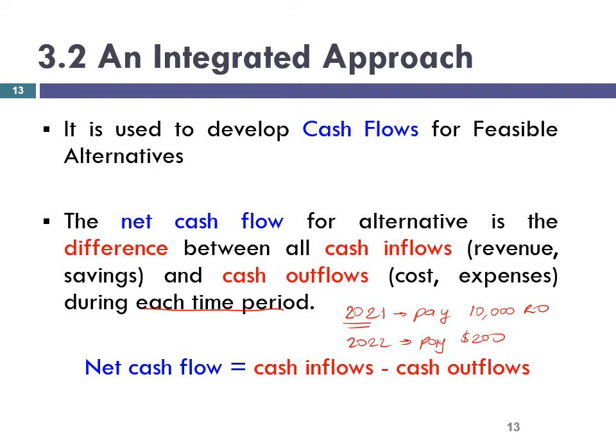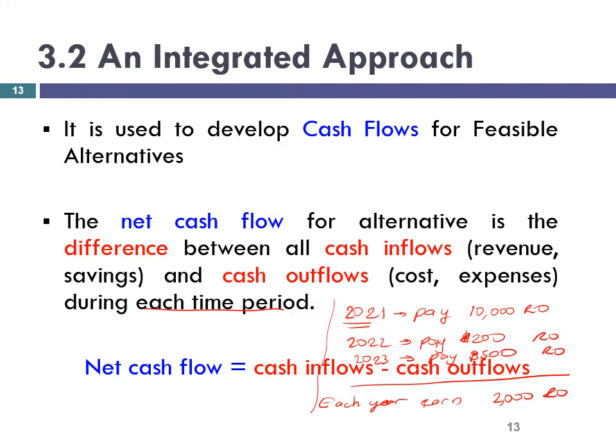In 2023 you will pay another amount, let's say 500 Riyals. But each year this project, this investment, will earn let's say 2000 Riyals. Sorry, these are all in terms of Riyals. So let's assume that this is such a project. Then what would be the net cash flow at each year?